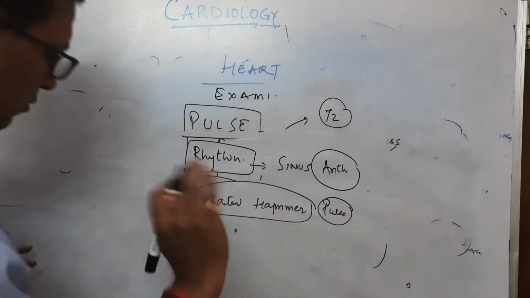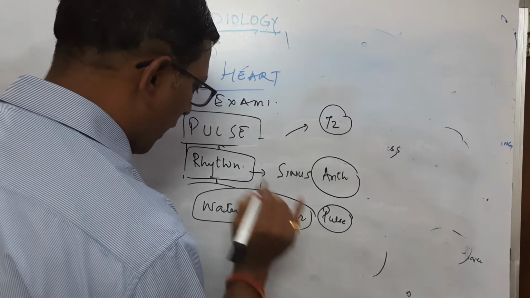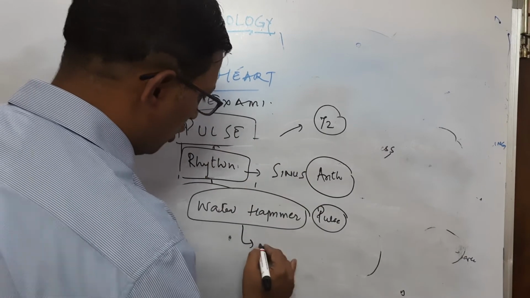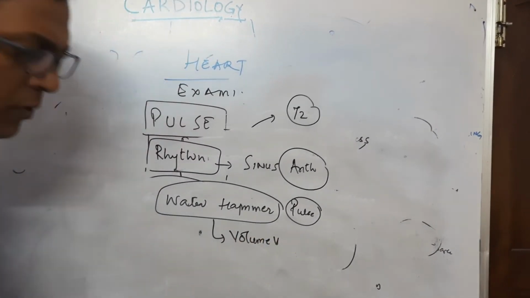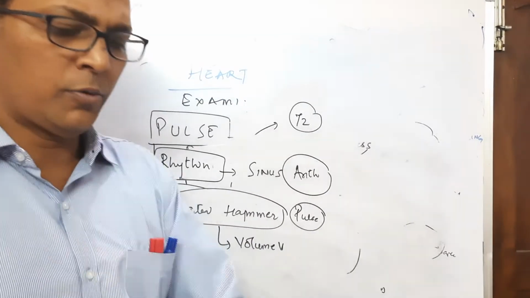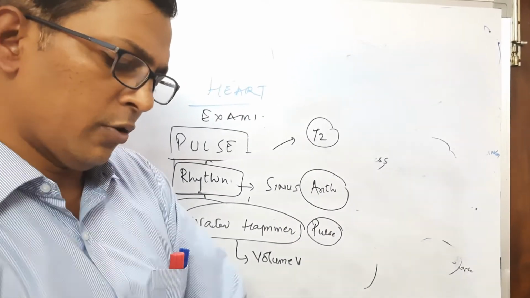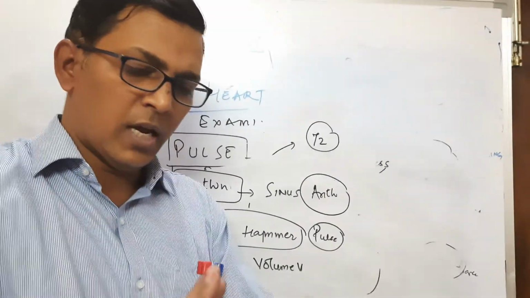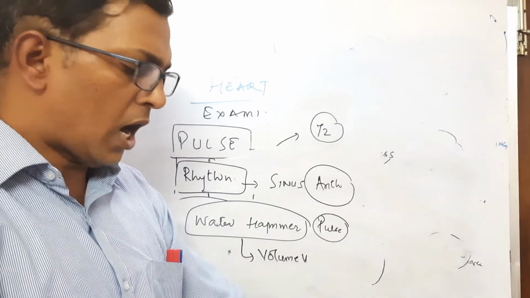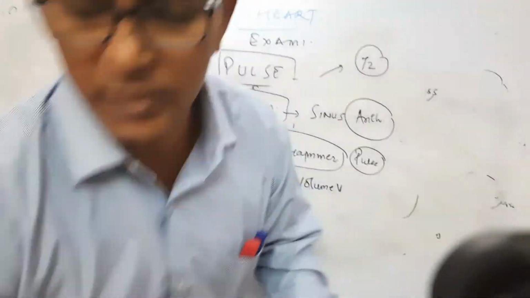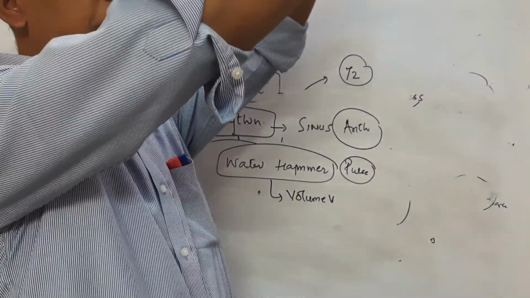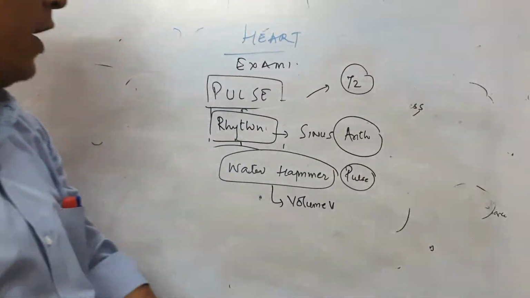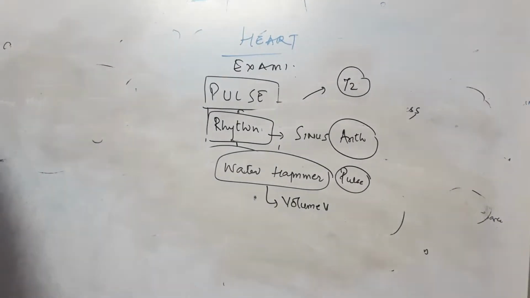I would say first we'll not talk about the pulse pressure difference. I should talk about the large volume pulse. What do you do? You keep your hands and fingers in a rolling way. This will come under, and these four fingers will come over your artery. Keep one hand here and the other here. When you raise this hand, you will not feel the pulse. So this is known as your water hammer pulse.